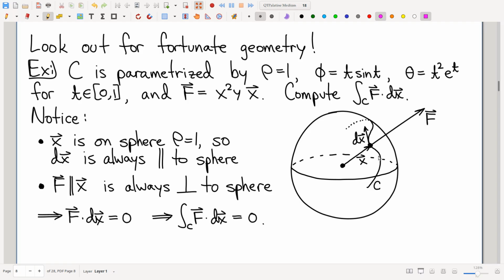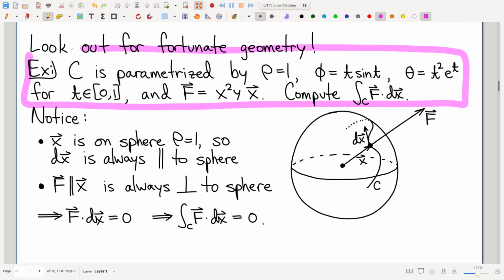Let's start by recognizing what a brutally difficult question this would be if I were to do this directly. I've given you a curve that I describe here in spherical coordinates, which means if you wanted to write this in rectangular coordinates, as would be necessary for algebraically computing this, in order to be able to do the dot product, for example, you need it in rectangular coordinates.